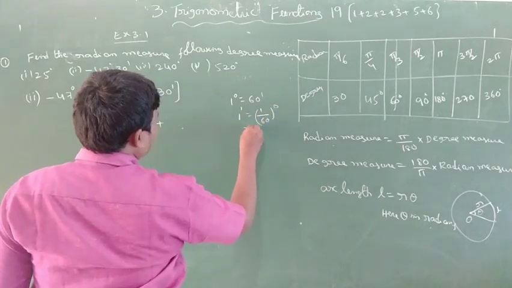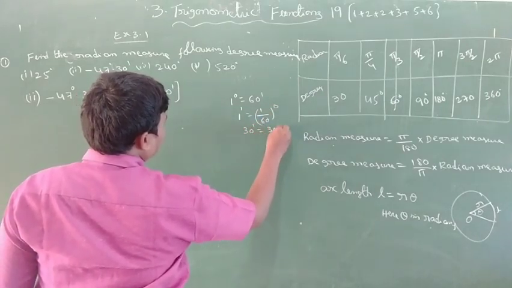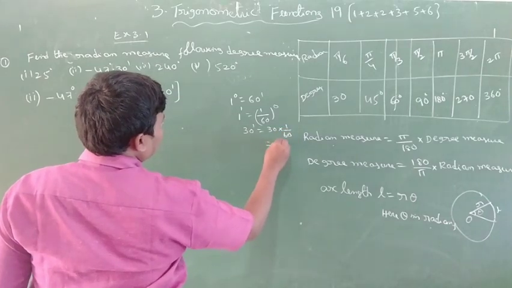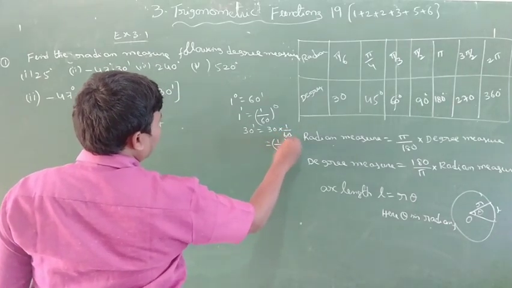So 30 minutes is equal to 30 into 1 by 60, that is 1 by 2 degree.